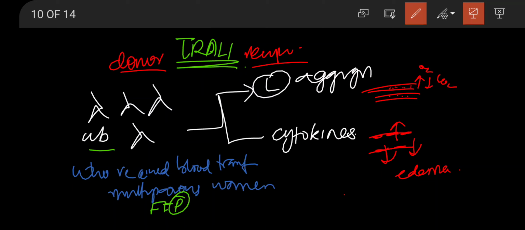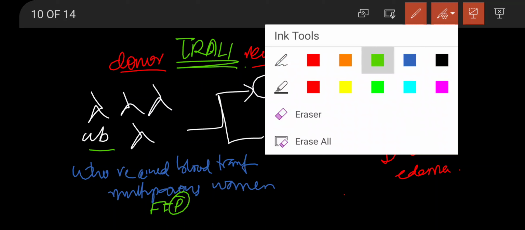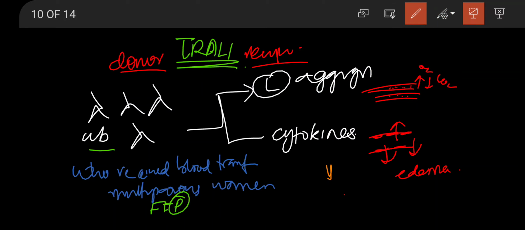So because of this, you have a problem in the lung. Within 7 days symptoms will develop. That means within 1 week symptoms will develop.